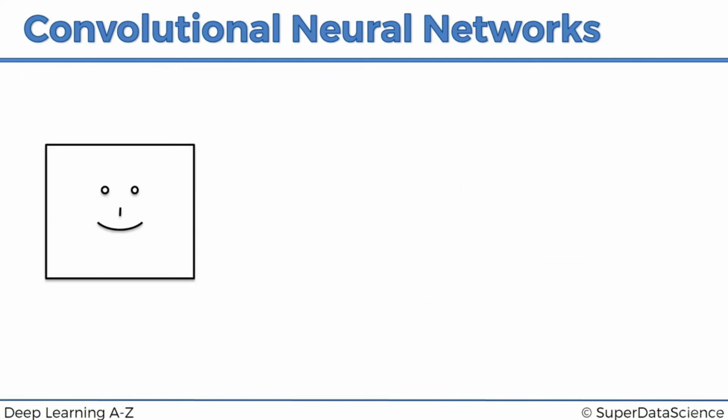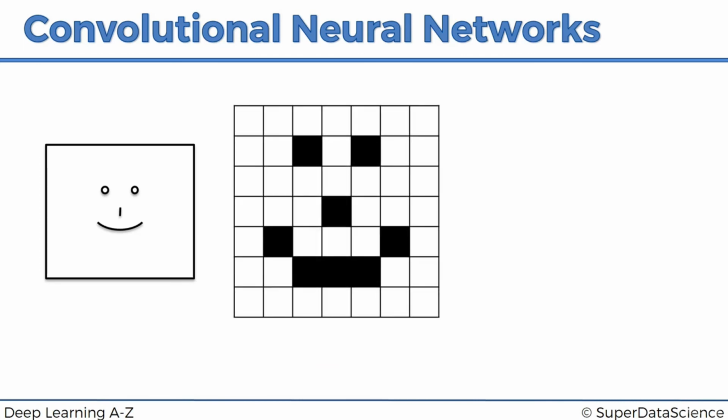And finally, let's have a look at a very trivial example of a smiling face in computer terms. If we really simplify things, instead of having values from 0 to 255, just so that we can grasp the concepts, we're going to say 0 is white, 1 is black.